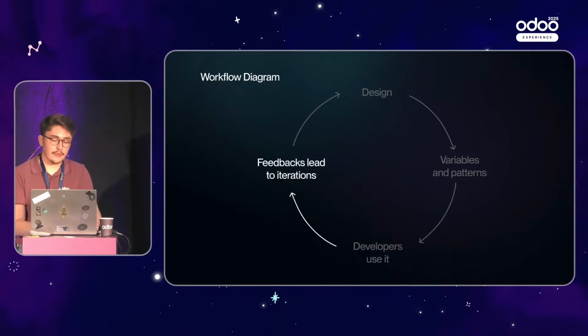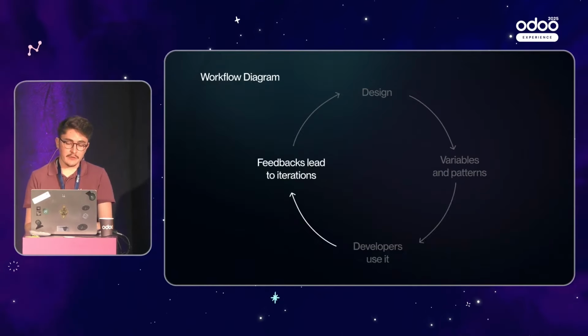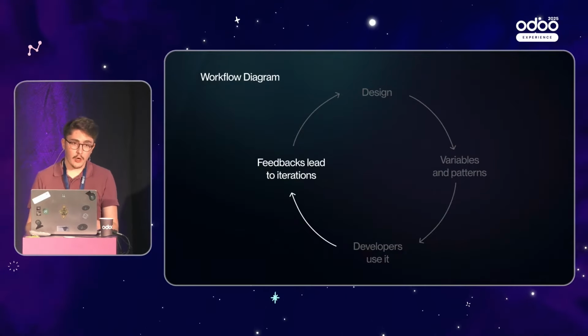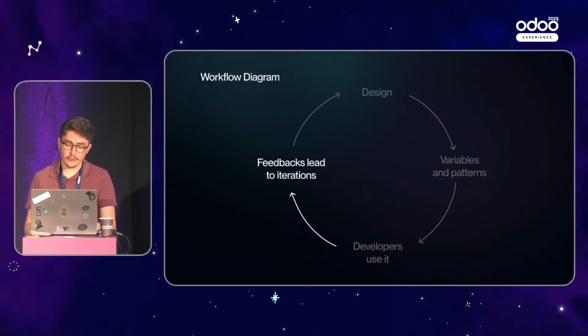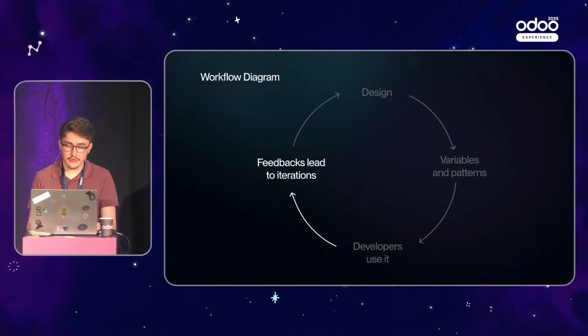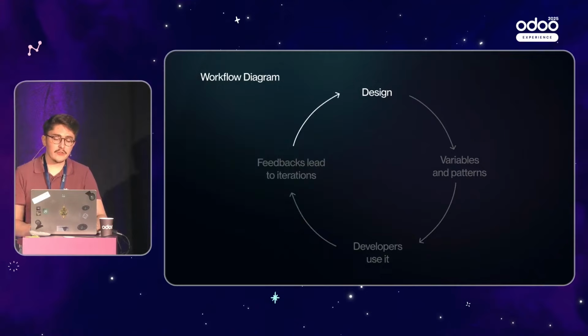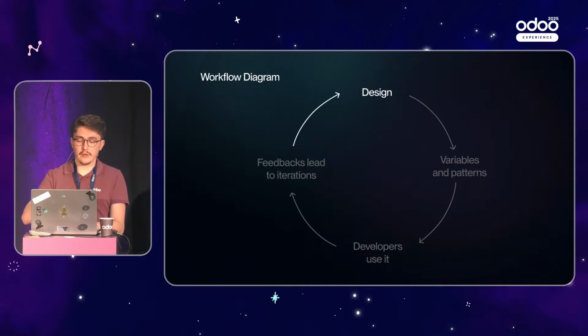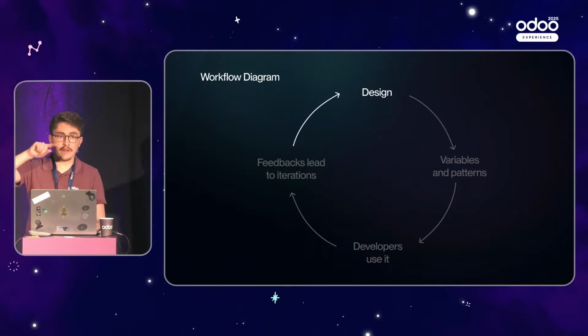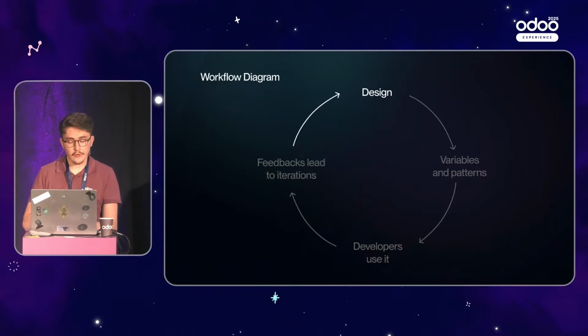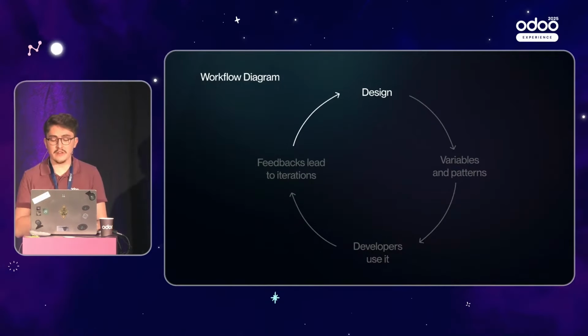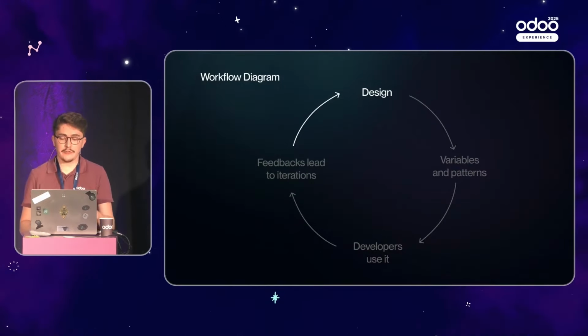While the developers create features with the components, they provide us feedback. Or maybe we can identify some flaws according to how they use the components. And this feedback comes back to us, and so we improve the design of the component, and we loop in that circle. So we redesign the component, we update the variables, we receive other feedback, etc.